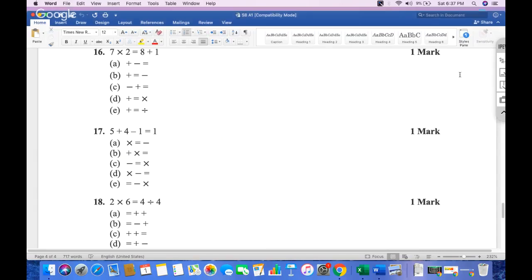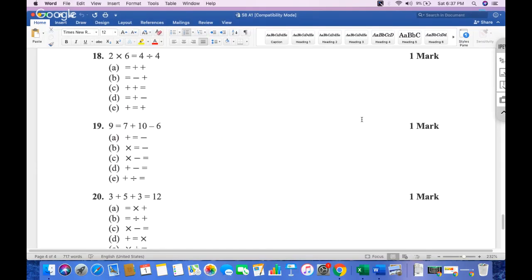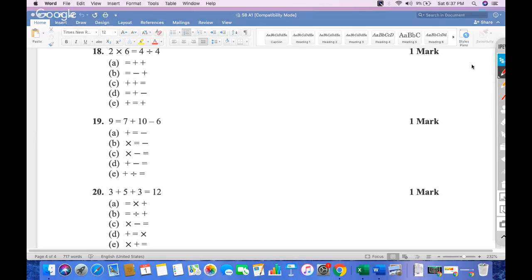It tells me that option E is 2 plus 6 is equal to 4 plus 4. This is the answer. Solve 19 and 20.